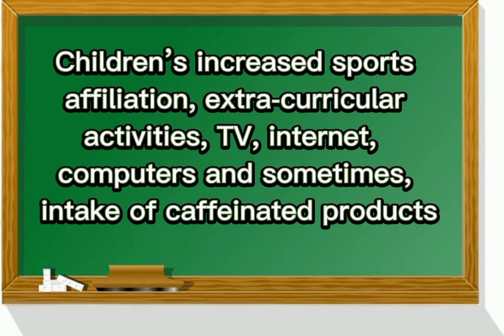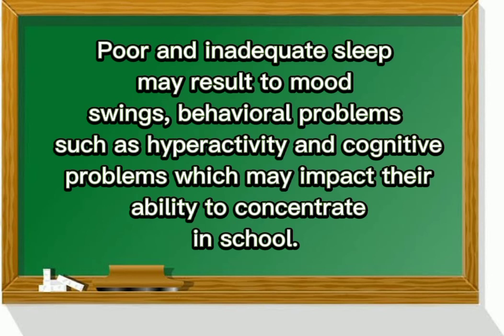Children's increased sports affiliation, extracurricular activities, TV, internet, computers, and sometimes intake of caffeinated products could result in difficulty in falling asleep, disruptions in their sleep, and sometimes even nightmares. Poor and inadequate sleep may result in mood swings, behavioral problems such as hyperactivity, and cognitive problems, which may impact their ability to concentrate in school.